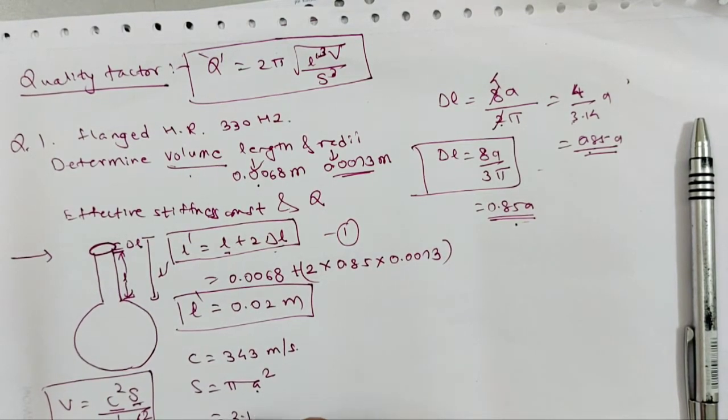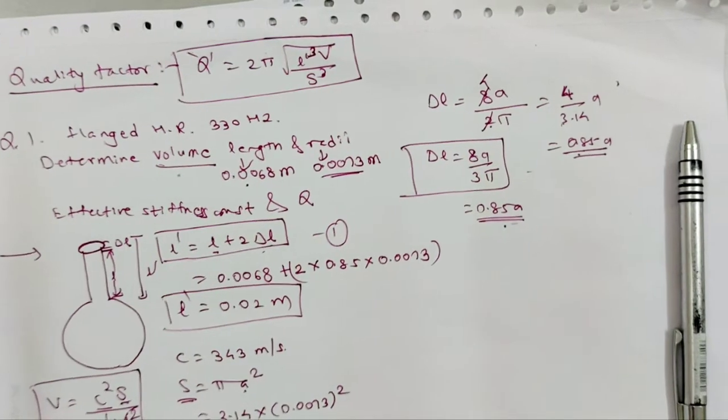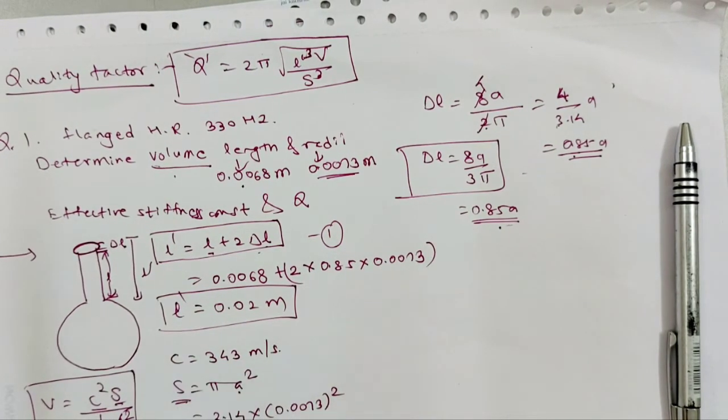So substitute the value 3.14 into 0.0073 squared. Okay. Multiply that and the answer should be around 1.6 × 10⁻⁴ m², because this is area. Done. Now, L dash you know, S you know. Clear? L dash and S job is done. c also you know. Now, omega squared is the concern. Okay.